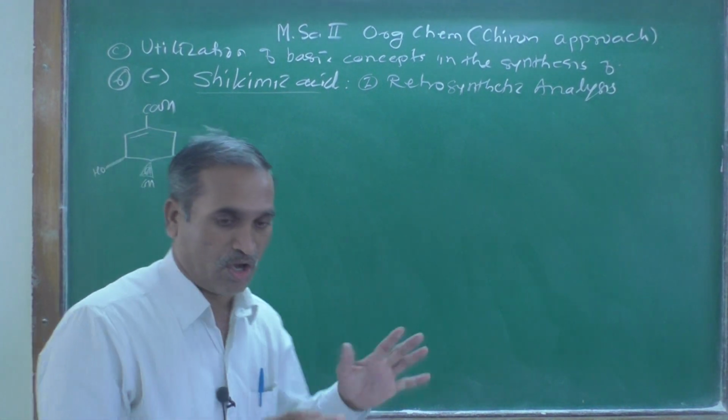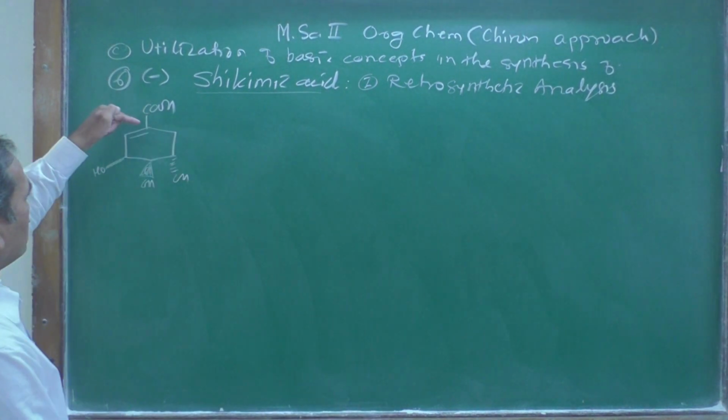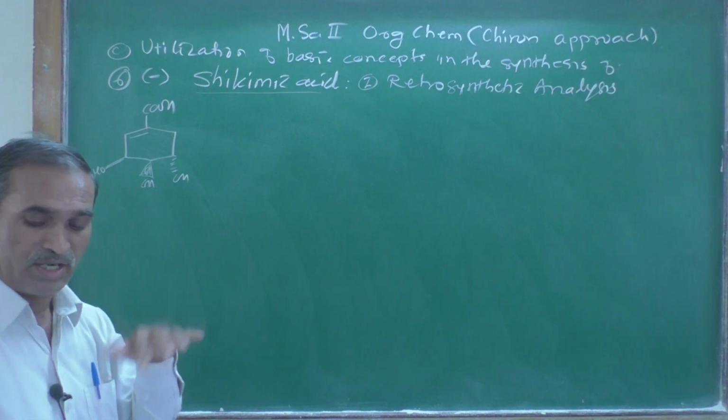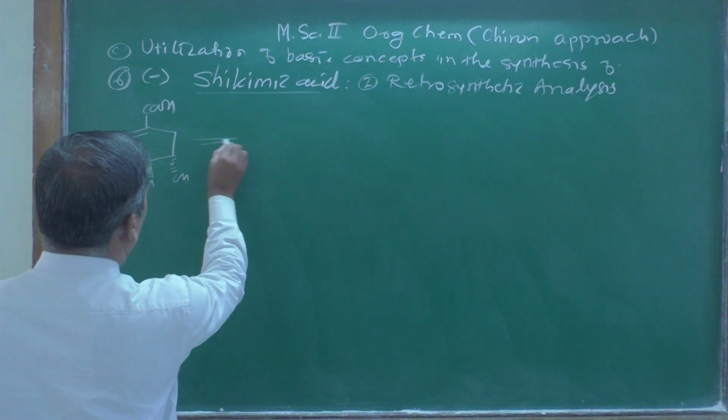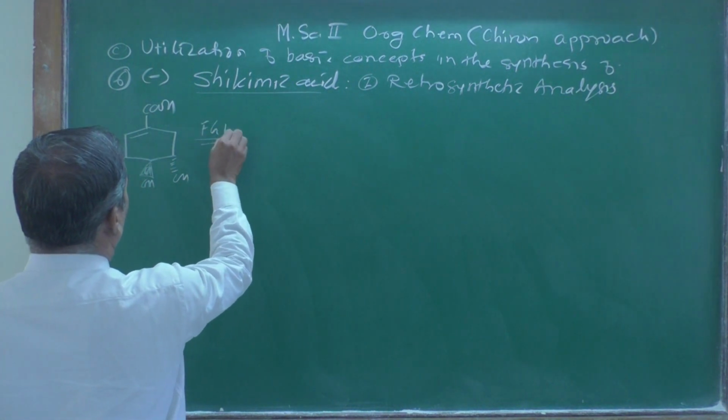This is an alpha, beta unsaturated carboxylic acid, and now you can do the FGI, functional group interconversion.